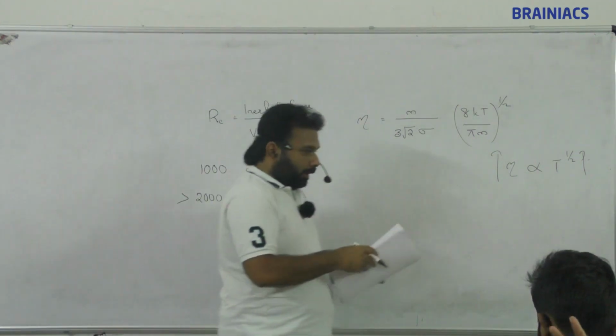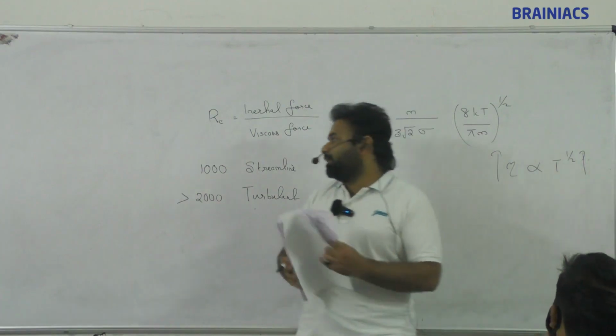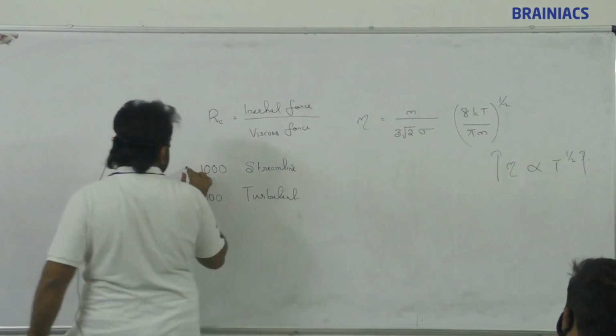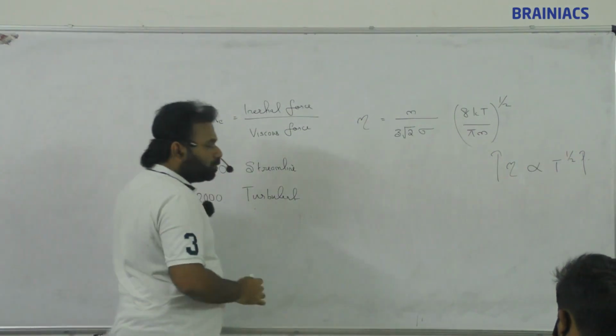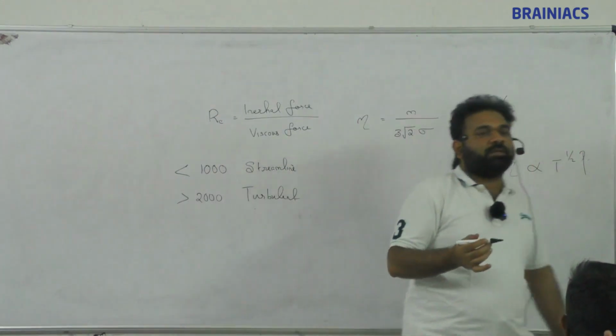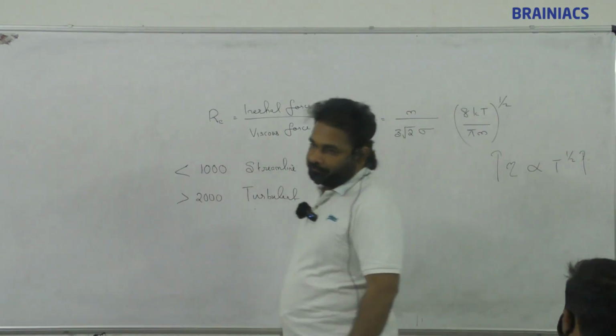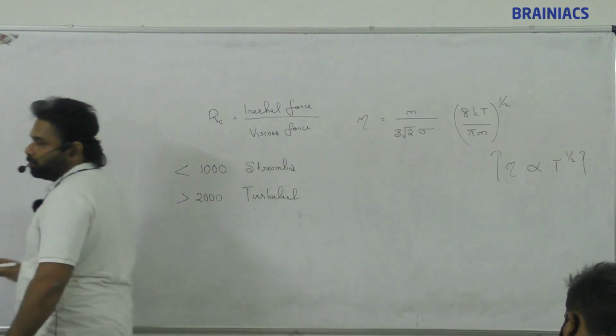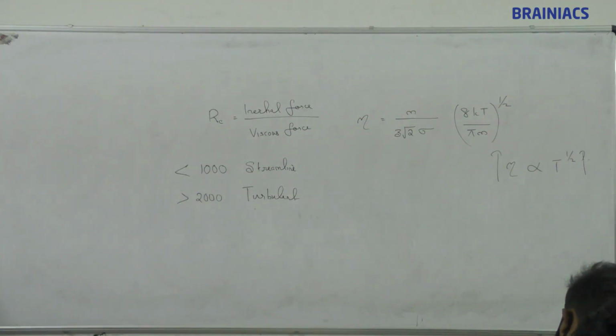Clear? Fine. Less than 1000, it is streamline. Greater than 2000, turbulent. Between 1000 and 2000, we say it is unsteady.